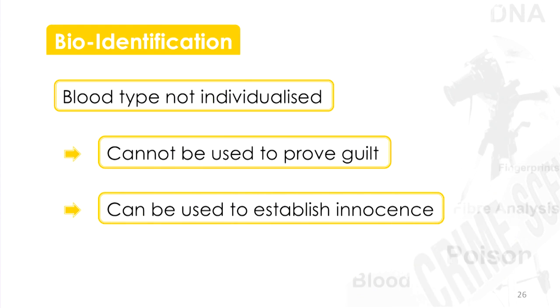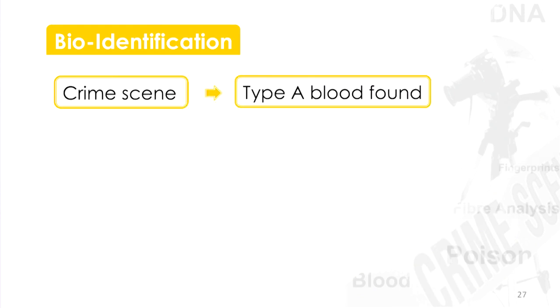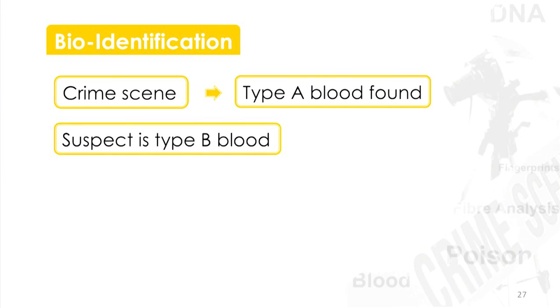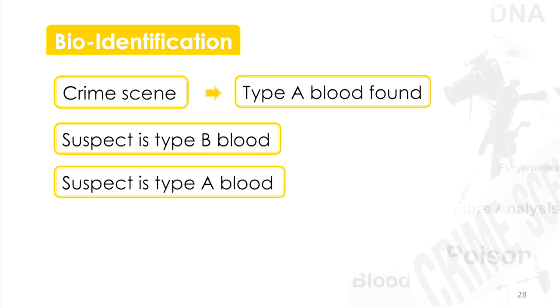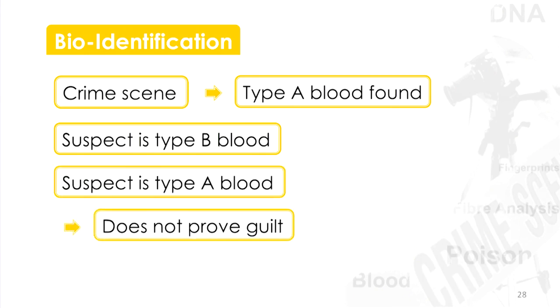Suppose at the crime scene, the blood found there is type A and your suspect is type B. Then that suspect ceases to be a suspect and you have established his innocence. But if that suspect was type A, it doesn't prove that he was guilty. It just means you have to go on and look for further evidence.